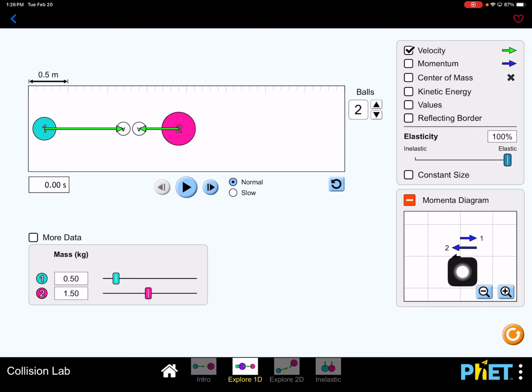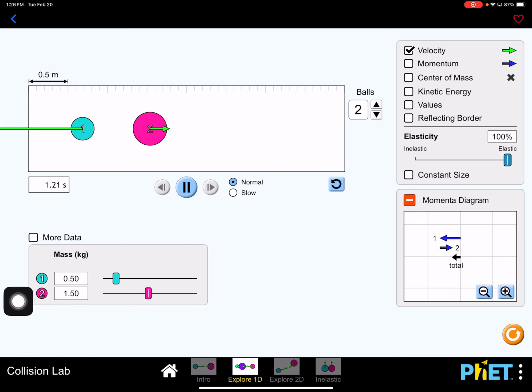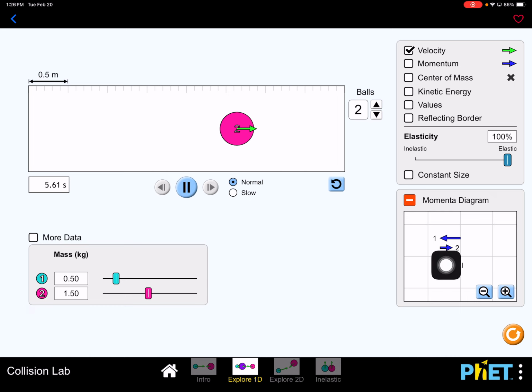The total momentum is just the sum of those two vectors. And this is a 1D collision. You see, after the collision, their momenta changed, but the total momentum remained the same. Let me redo that.